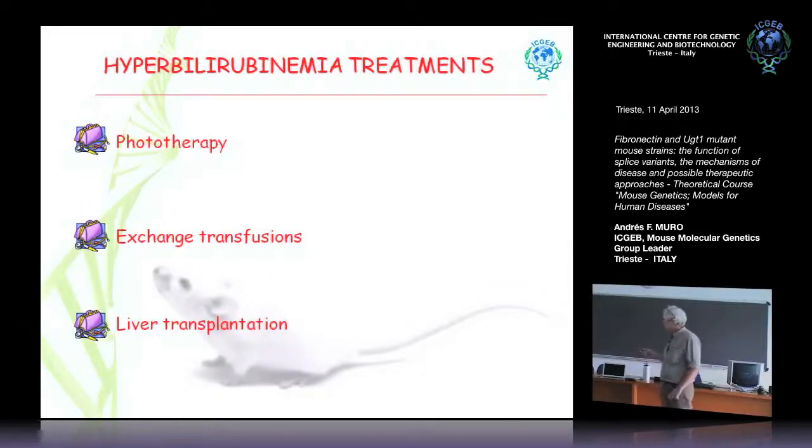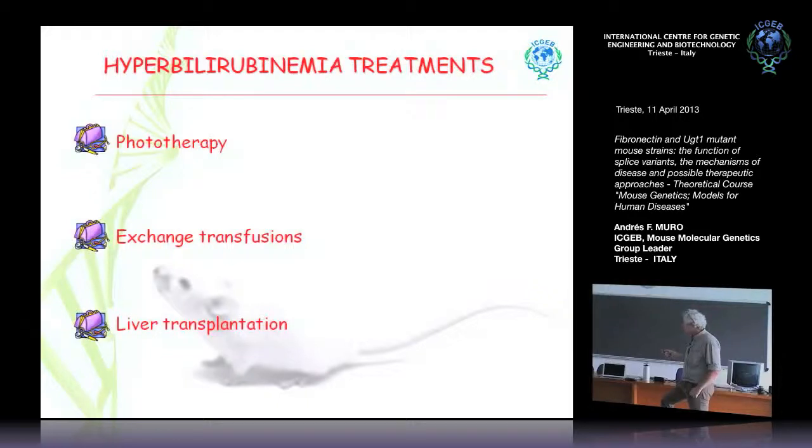As I said before, phototherapy is the therapy normally used, and in case of peaks of bilirubin, they do exchange transfusions: they take out the blood of the baby and put in fresh blood with the idea of diluting the amount of bilirubin in the blood.